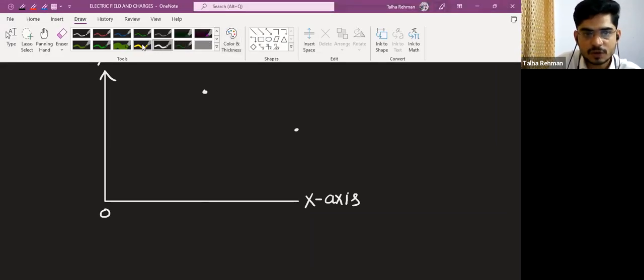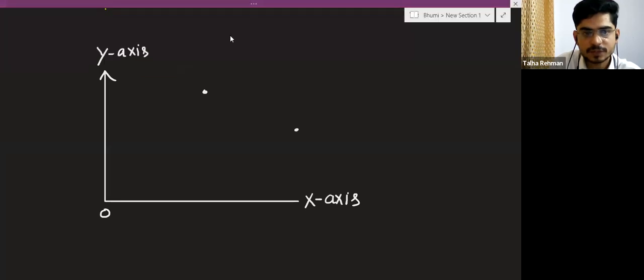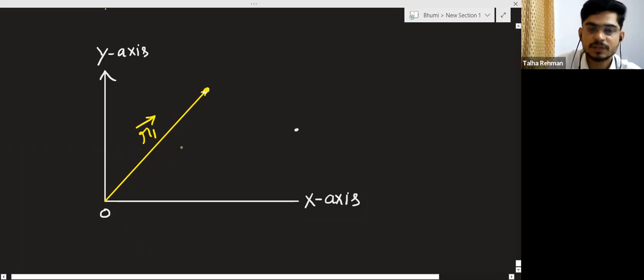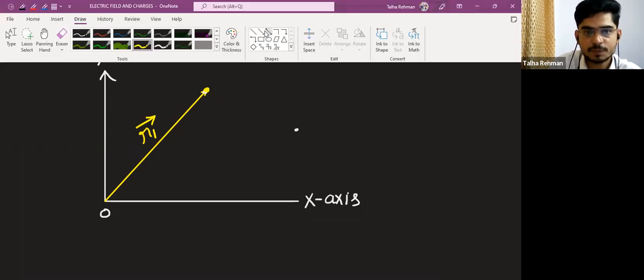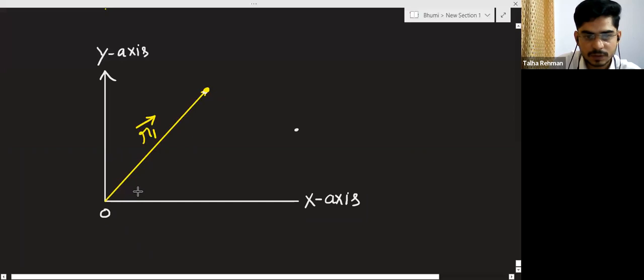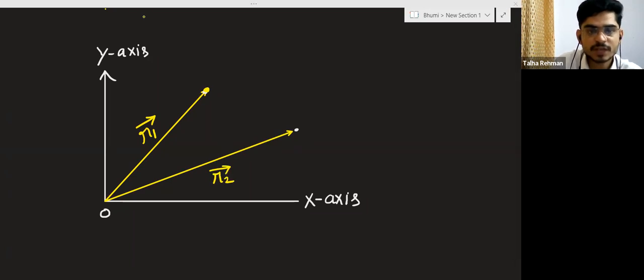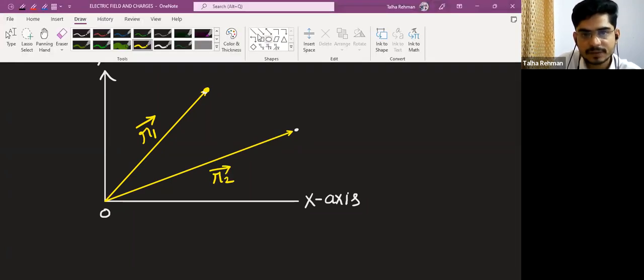The position of this point charge with respect to the origin is r1. This is the position vector of this point charge, and similarly this is the position vector r2 of the other point charge, and these point charges are some distance apart.